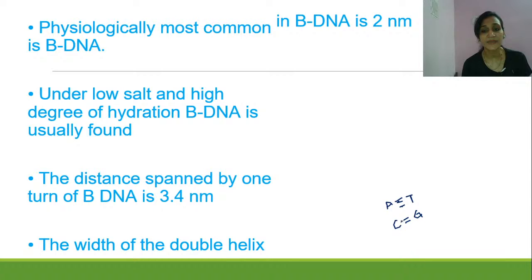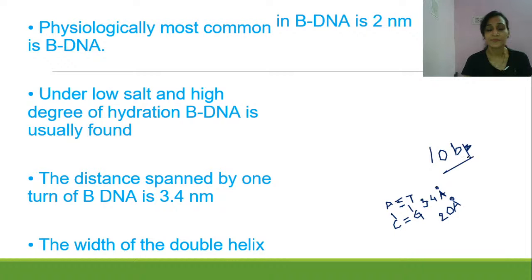And when we are talking in terms of nanometers, it will be 2 nanometer, and the distance of one complete helical turn will be 3.4 nanometer. Right. One complete helical turn, when it completes one complete circle. And how many nucleotide base pairs did we discuss in the previous slide? 10 base pairs are present in a complete helical structure. One helical structure, 10 base pairs.